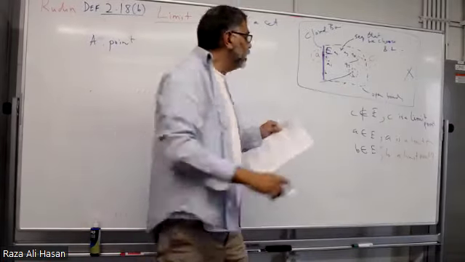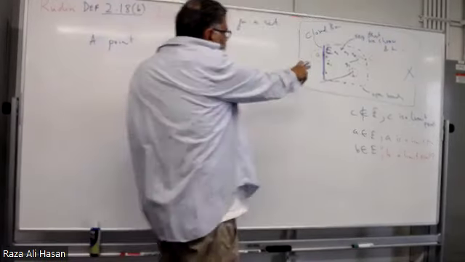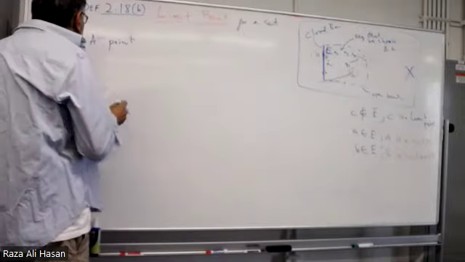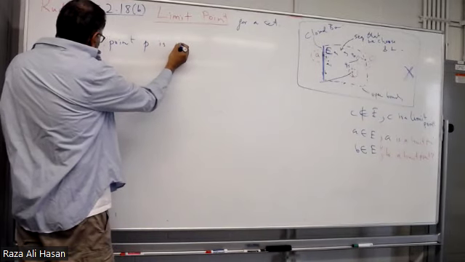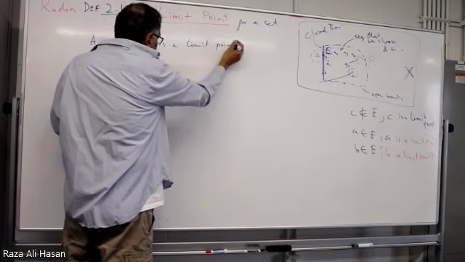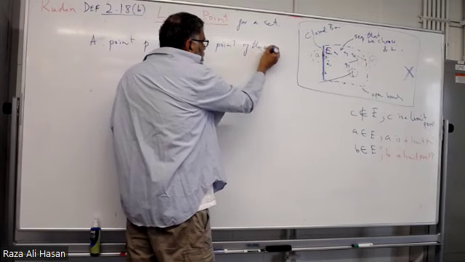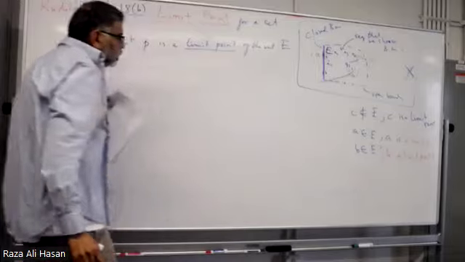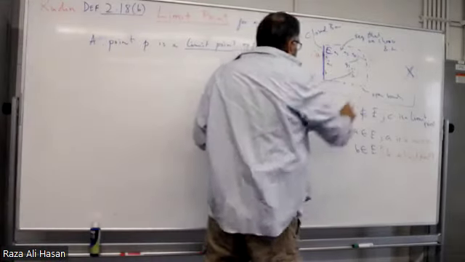Or in fact, E is a set in the metric space. Okay, so if a point P is a limit point of the set E, so the limit point definition of a set E, and we have two examples here, A and C.